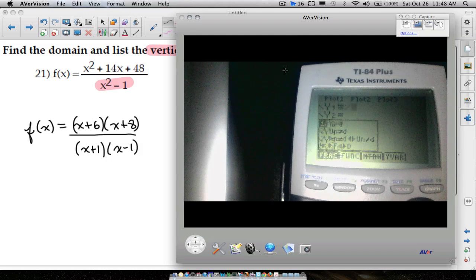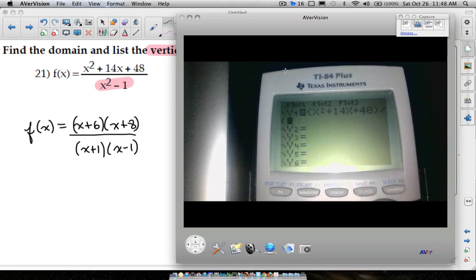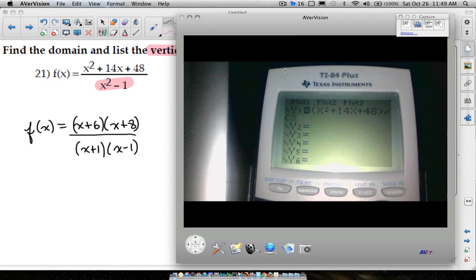But x squared, screw it, I'm going to use parentheses. X squared plus 14x plus 48. As much as I like technology, I'm still not 100% efficient with these calculators. So there's our top part in parentheses, our bottom part, x squared minus 1. And I'm just going to show you the graph.